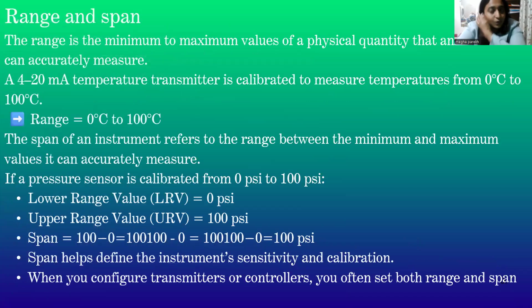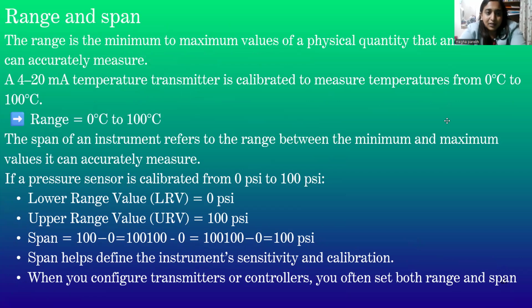What is range and what is span of the instrument? The range is the minimum to maximum value of the physical quantity that an instrument can accurately measure. A 4 to 20 milliampere temperature transmitter is calibrated to measure the temperature from 0 to 100.